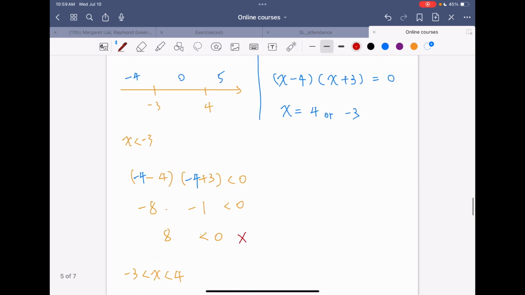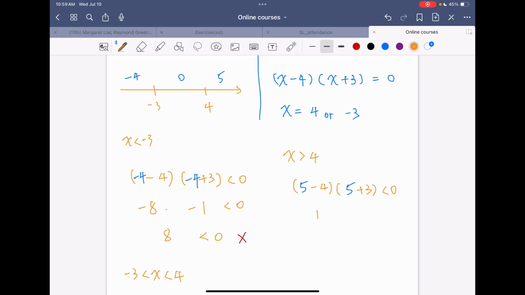Verified. And then the last part we have is x greater than 4, and the number we pick is 5. So the area we're going to verify is x greater than 4, with 5 minus 4, and 5 plus 3, less than 0. We put 5 in here.